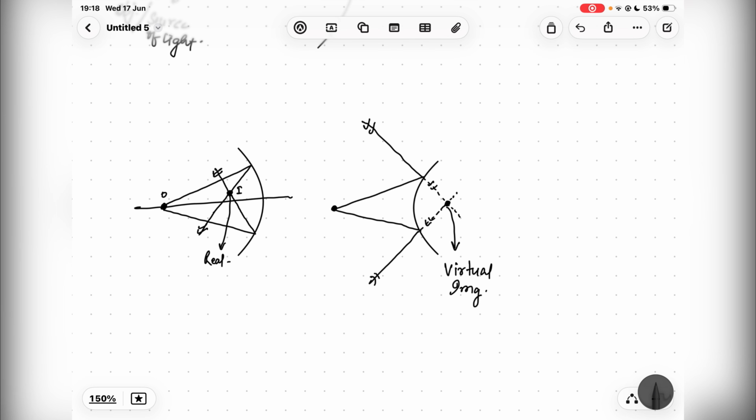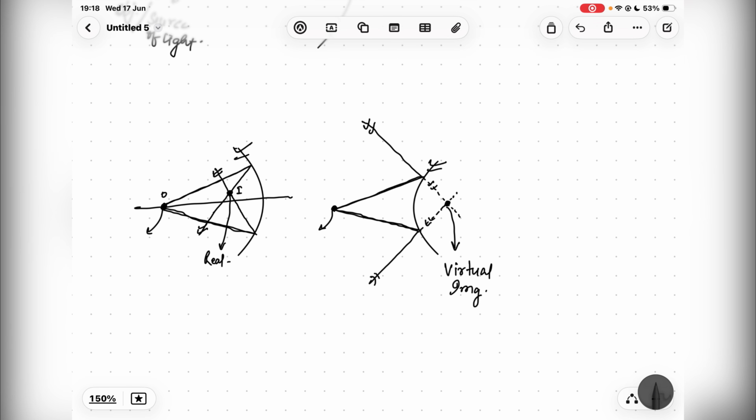Now you can see a common thing here, and that is that all these objects are giving off rays that are diverging, and these objects are in proximity of the mirror, so we know where the rays are coming from.